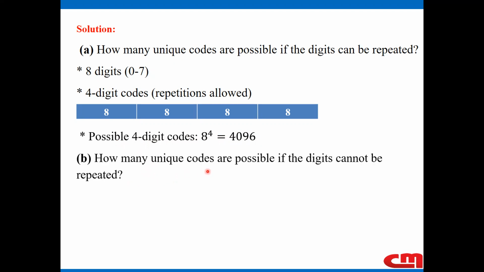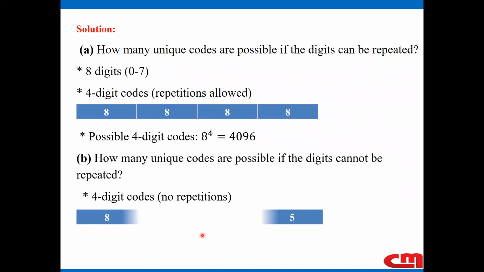Then we go on to B. How many unique codes are possible if the digits cannot be repeated? It's the opposite of what we did in A. Now we don't want to repeat digits. So we are going to come up with 4 places.